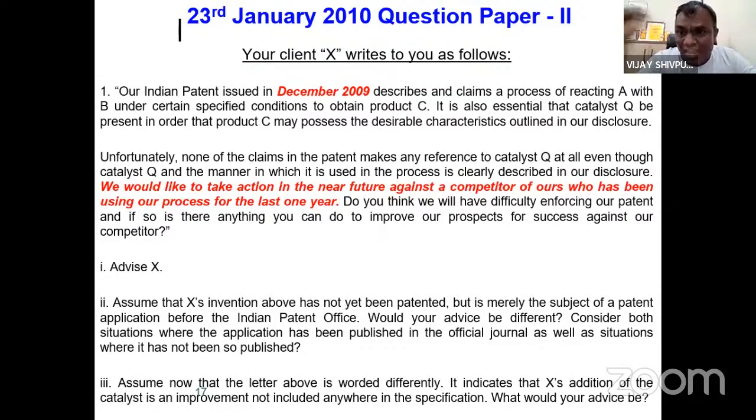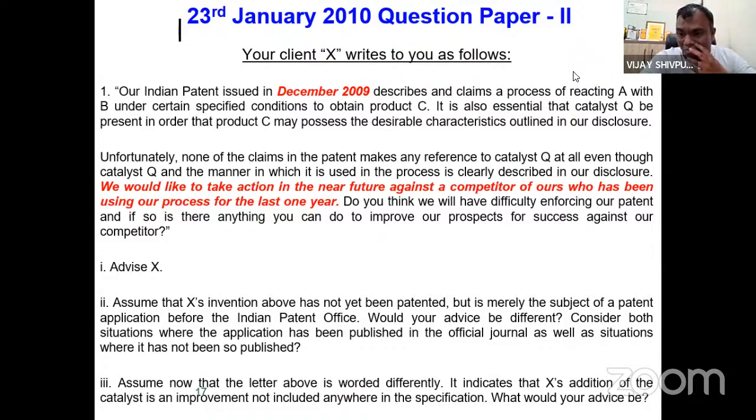a process of reacting A and B under certain conditions to obtain product C. It is also essential that catalyst Q has to be there in order that the product C may possess the desirable characteristics outlined in the disclosure.